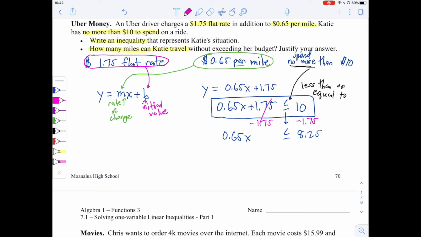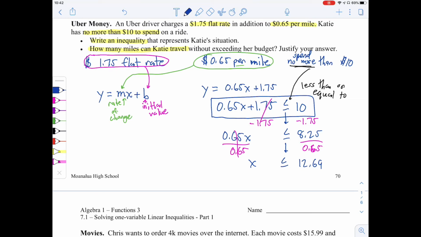And then we're going to divide by our coefficient, 0.65, on both sides. And we have x is less than or equal to 8.25 divided by 0.65, which is 12.6923. Round it, so 12.69.